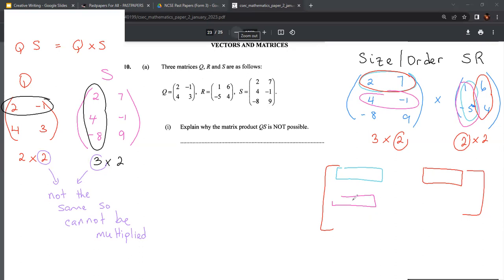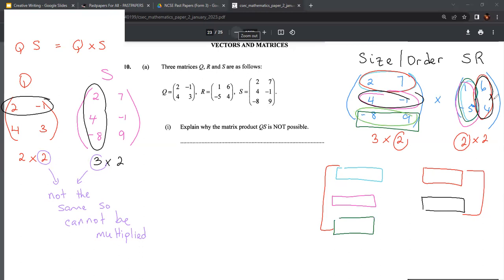Remember, we would have simplified it to get one here. Then this one by this one, I got another set of elements here. Then this by this, we got another set here. And then this by this. So we got another set of answers here.